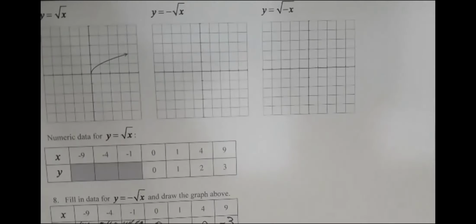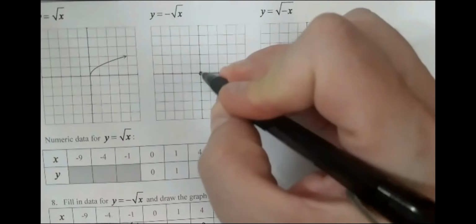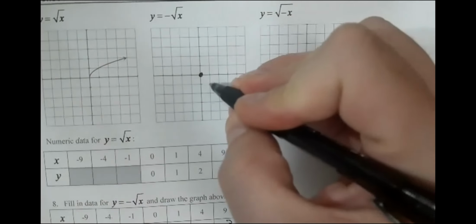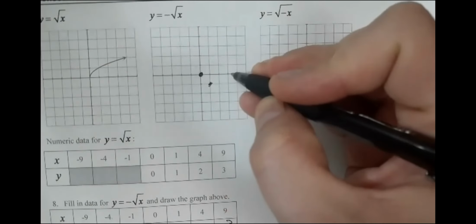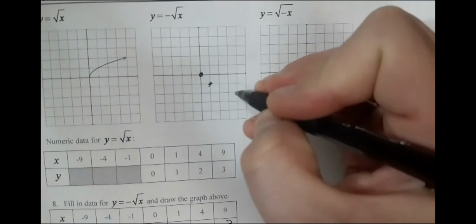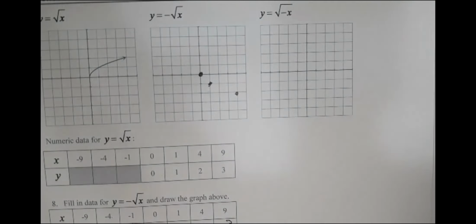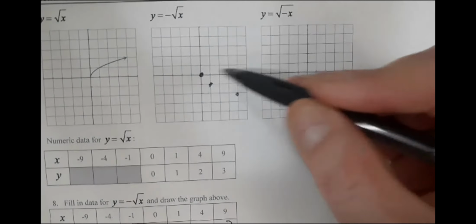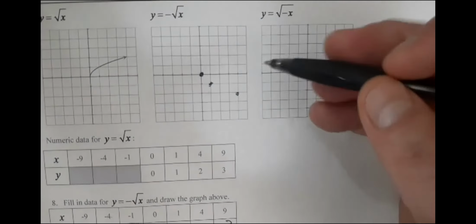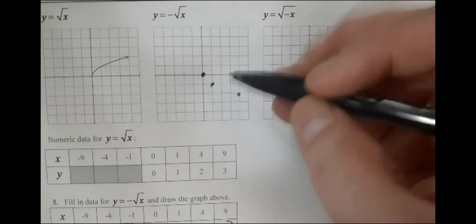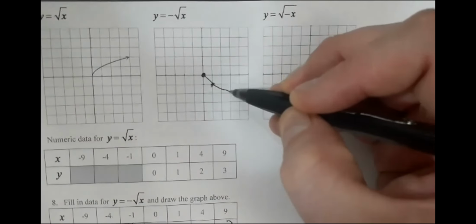Let's draw it in the graph above. We have the point 0, 0. We have the point 1, minus 1. We have the point 4, minus 2. And we have the point 9, way out there, minus 3. We're never going to do it. So we got those 3 points. What does this thing sort of look like?